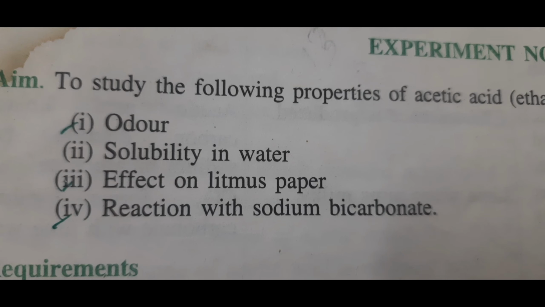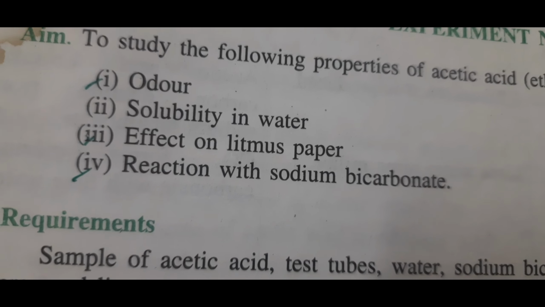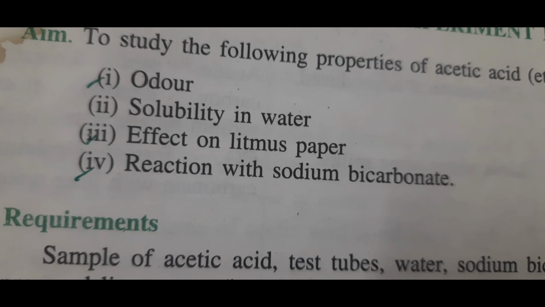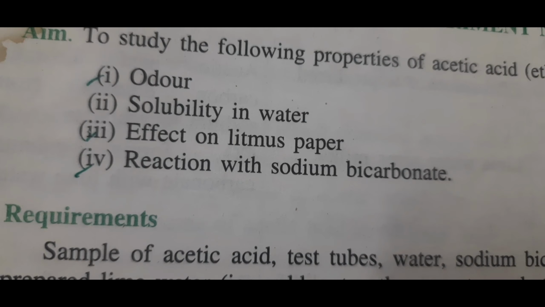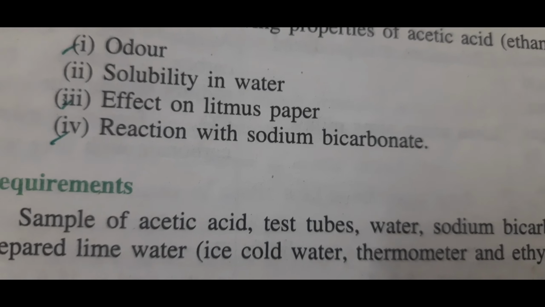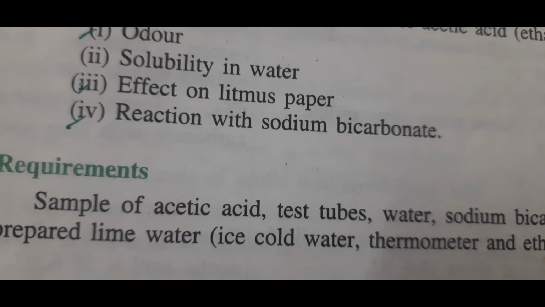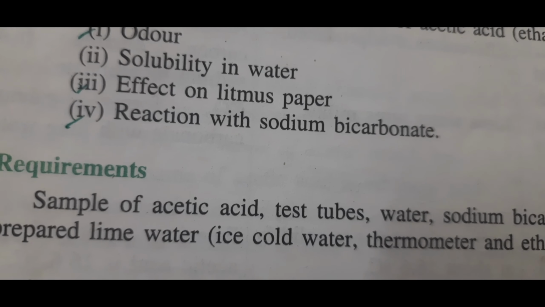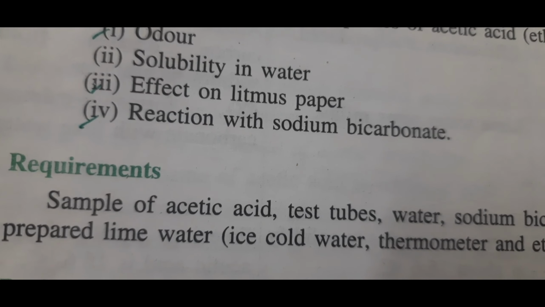So for doing these experiments we need certain things. See here, all this you have to write in green pen. Now next heading, requirements. Requirements you have to write with black pen, and the inside one whatever is given you have to write with your blue pen. What are the requirements?